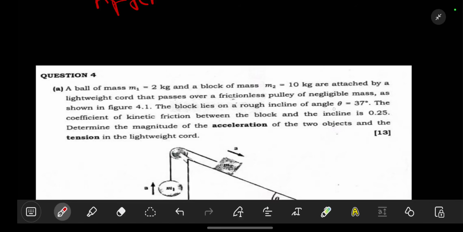The block lies on a rough incline at an angle theta of 37 degrees. The coefficient of kinetic friction between the block and the incline is 0.25. Determine the magnitude of the acceleration of the two objects and the tension in the lightweight cord.